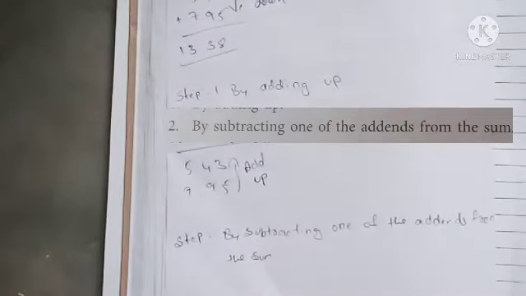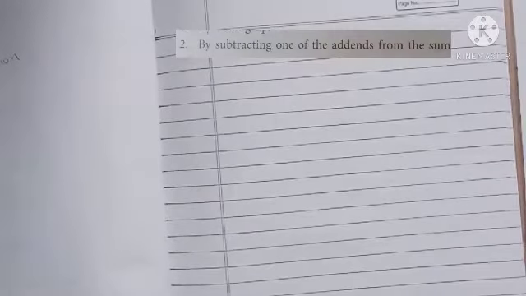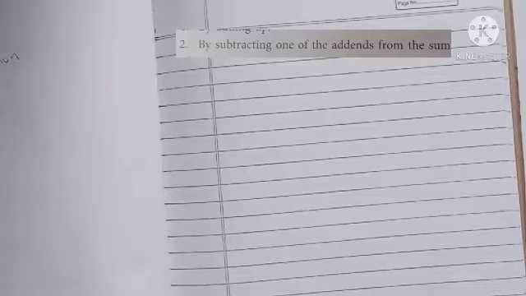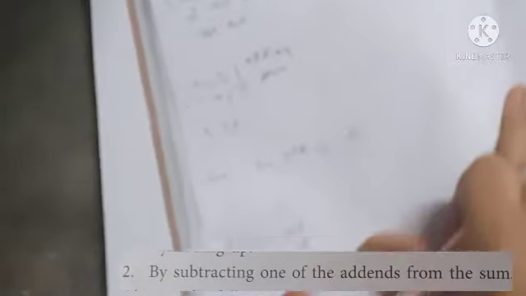One minute, let me show you. What was the question? Here, by subtracting one of the addends from the sum, it means we have to subtract the addend from the sum. See here, I am doing it so that you can understand clearly.